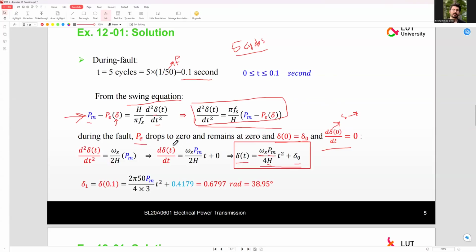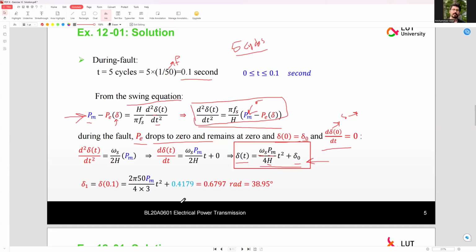So we consider it equal to zero, and we put this parameter equal to zero. All right. So by this consideration, we can reach this solution for the delta equation.